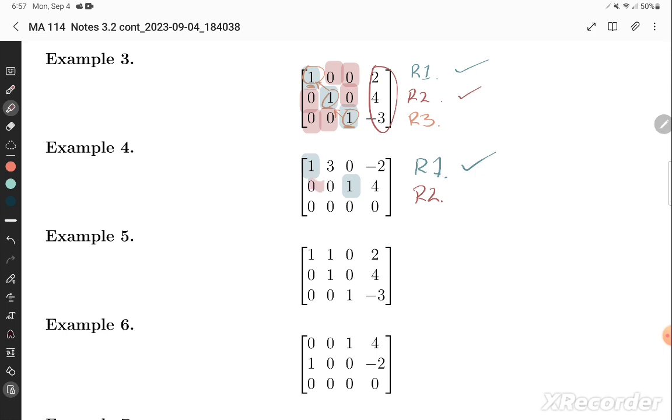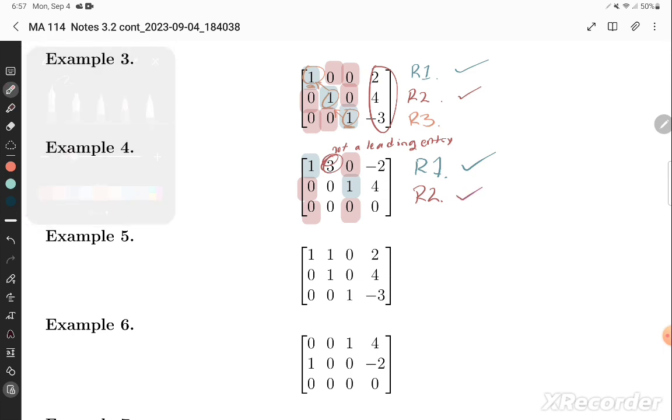I have a leading entry in row 1, column 1, so I only need to check column 1. That's good. And 3 is not a leading entry, sorry about my handwriting, so I do not have to check column 2. But I do need to check column 3 because 1 is a leading entry and it is clear. So my R2 is met.